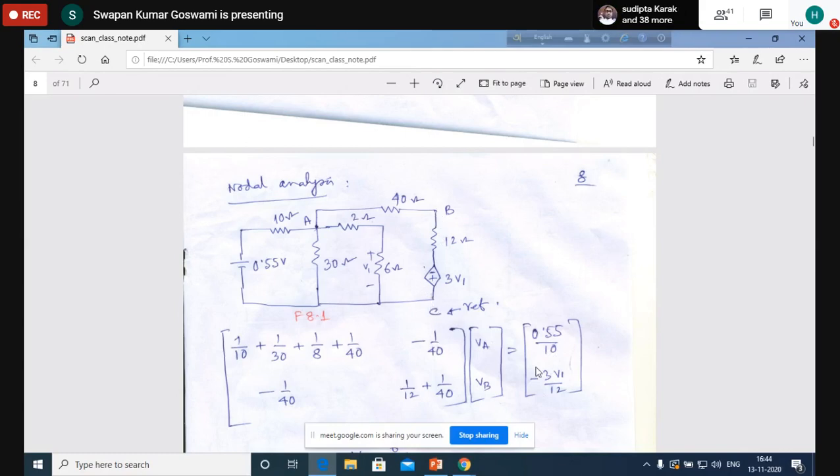Here the voltage source is 3V1, with its positive terminal here. If you convert it into a current source, it will be 3V1 by 12 outgoing from the node, because of positive polarity here and negative polarity here. So minus 3V1 by 12. It's clear? At node A it is 0.5 by 10, and at node B it is minus 3V1 by 12. Is it clear?